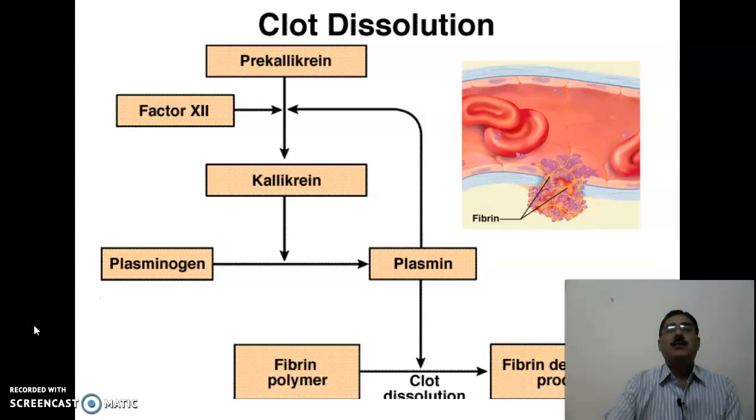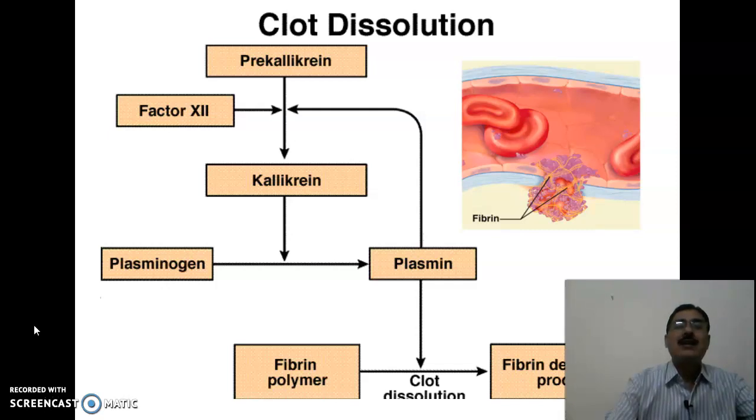This is the process of clot dissolution. First, factor 12 acts on prekallikrein, that is the Fletcher factor, converting it into kallikrein, in the presence of plasmin, which is basically responsible for clot dissolution and is present in its inactive form.